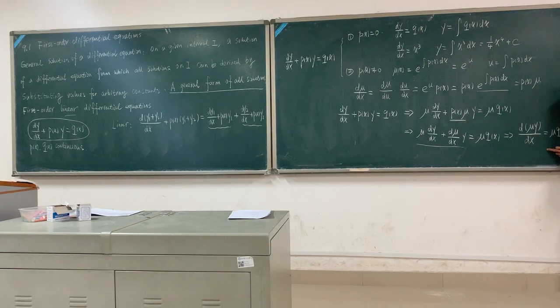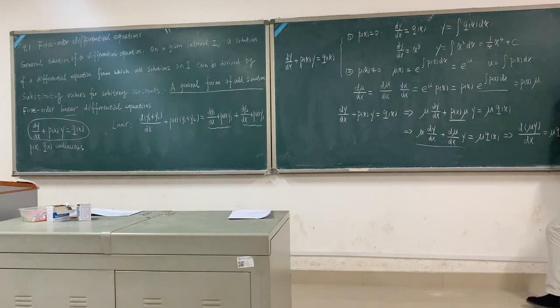So for this equation we can see the derivative of this function equals this function, so this function is the antiderivative of that function. This equation tells us that the derivative of mu y is mu q, which means mu y is an antiderivative of mu q.